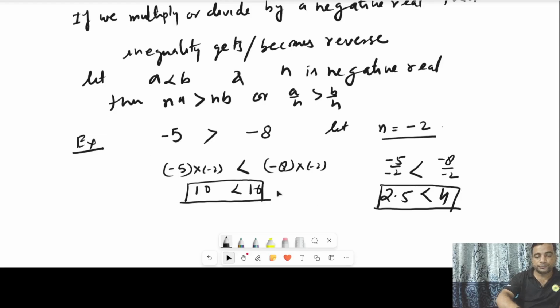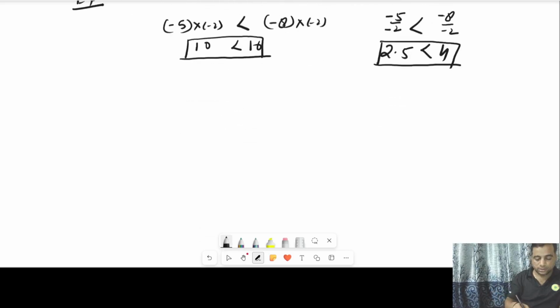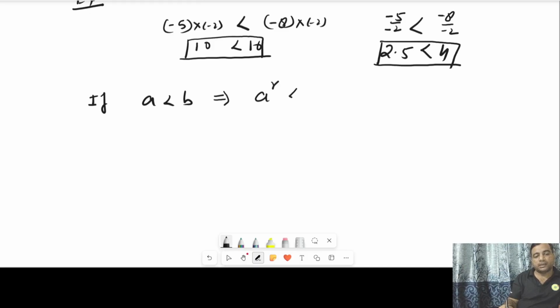Now I am coming to the next rule. If A is less than B, I take the same exponent of A and B on both sides. It implies that A power R is less than B power R if R is positive.